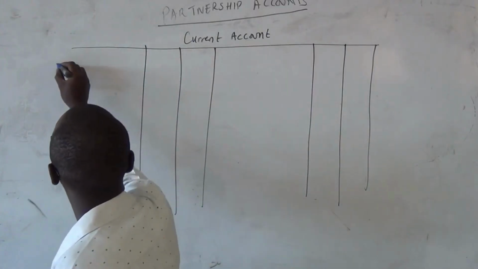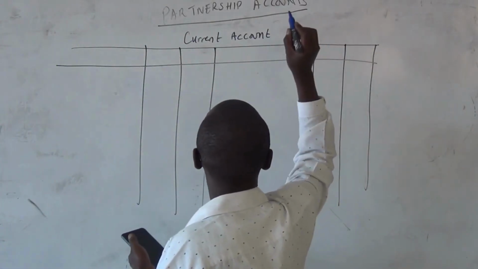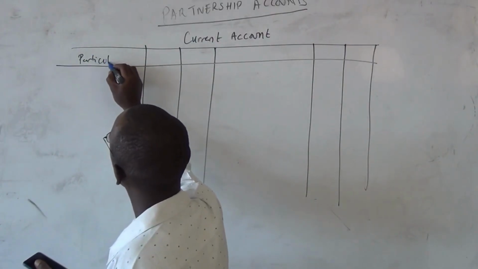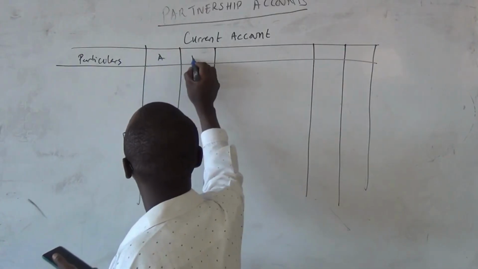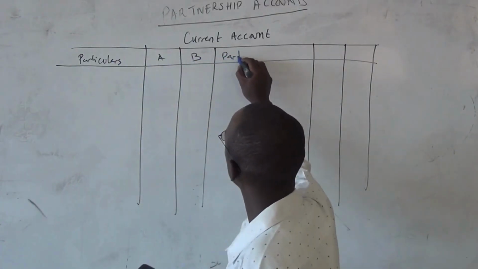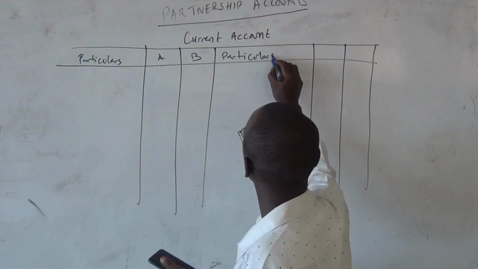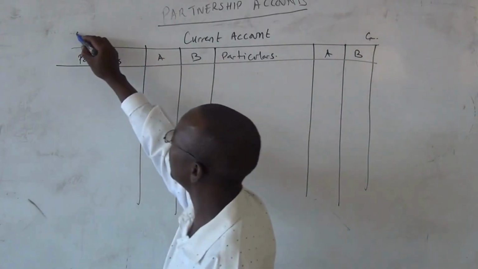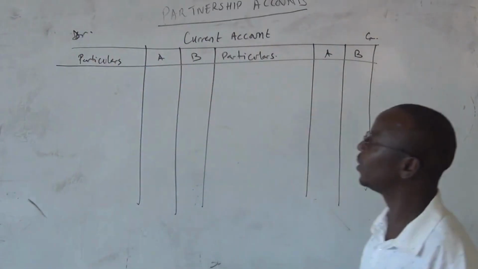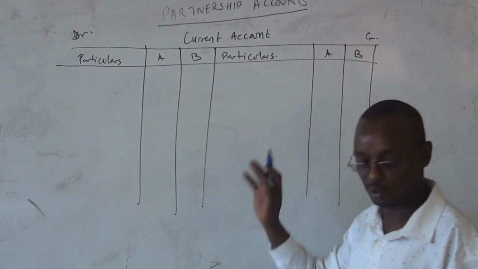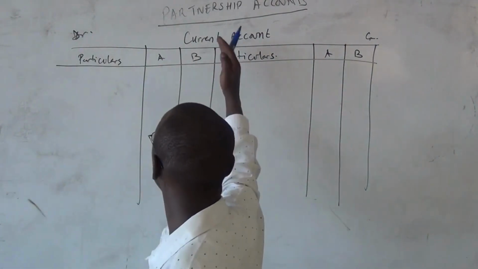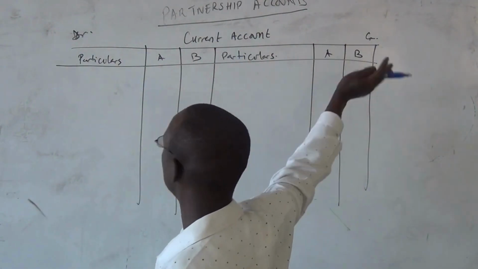This is particulars. Partner A, partner B. This is the credit side, this is the debit side. It is just the same account, it's only that you have two partners because it is partnership. If there are three partners, you have C like that.